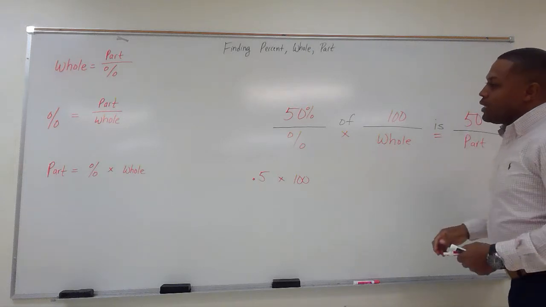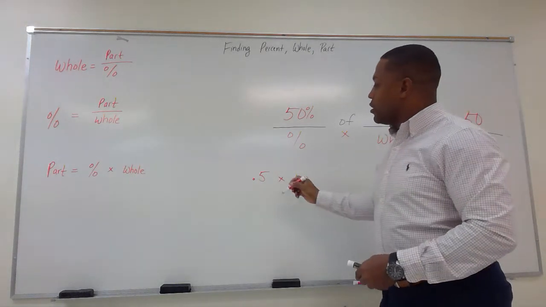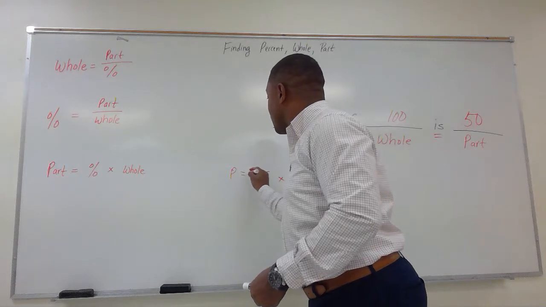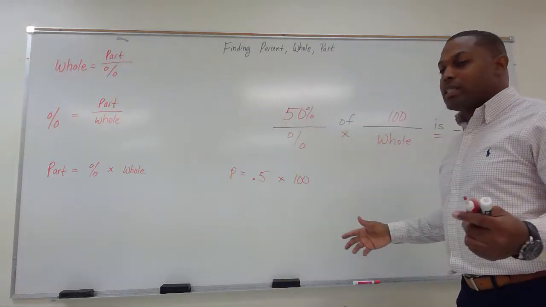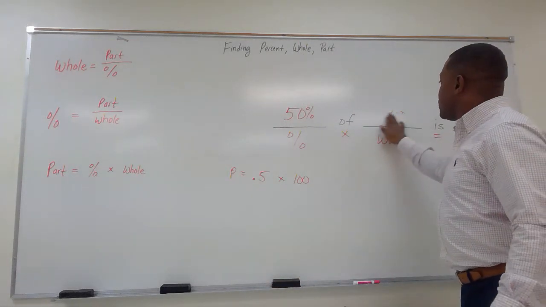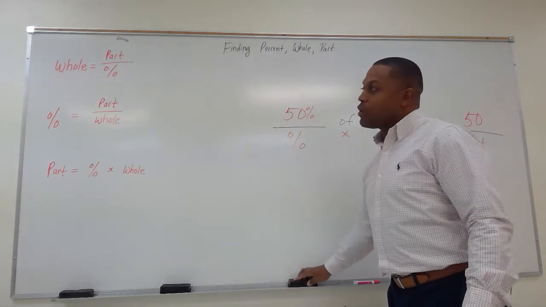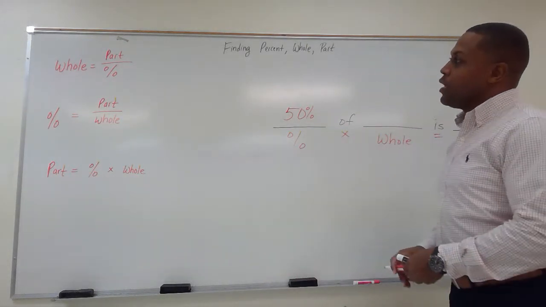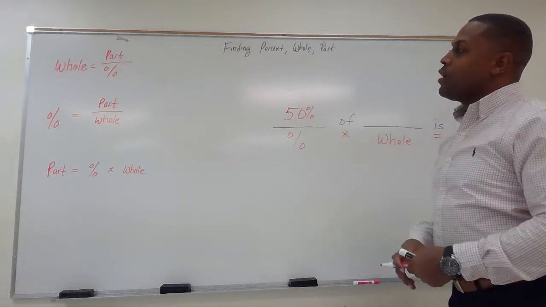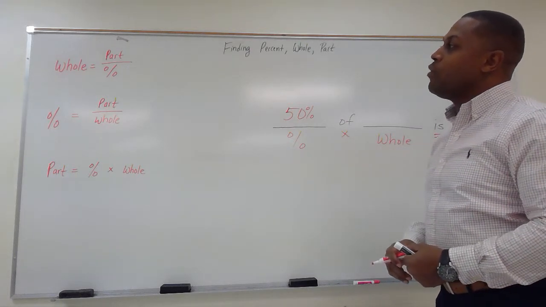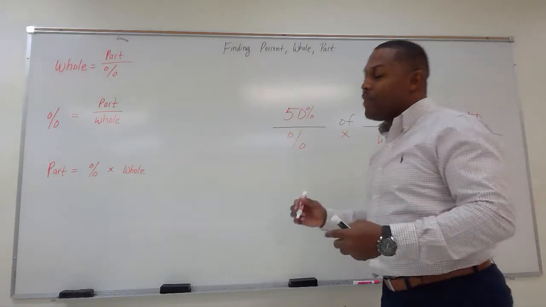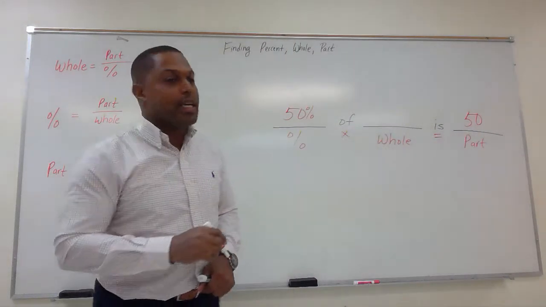As we were looking for the part here, but let's say the whole was not included, and now we're looking for the whole. According to this chart, that would say that whole equals part divided by percent.